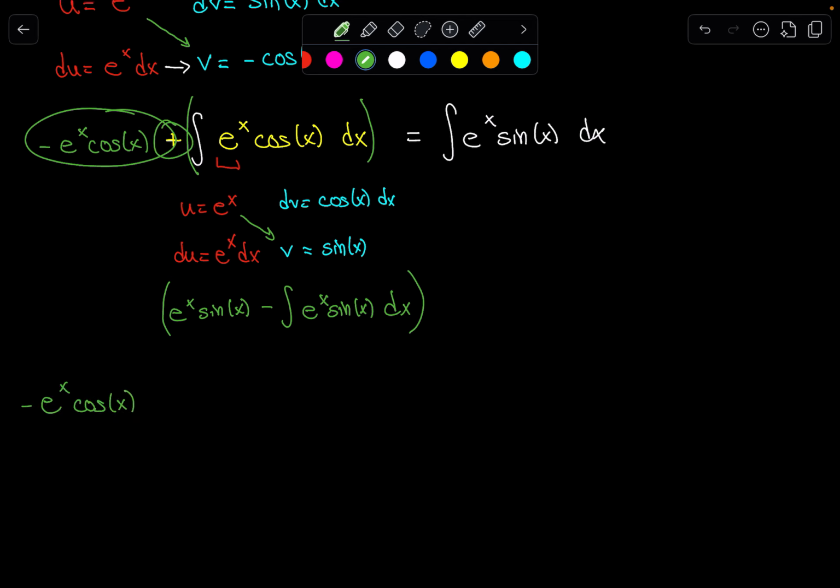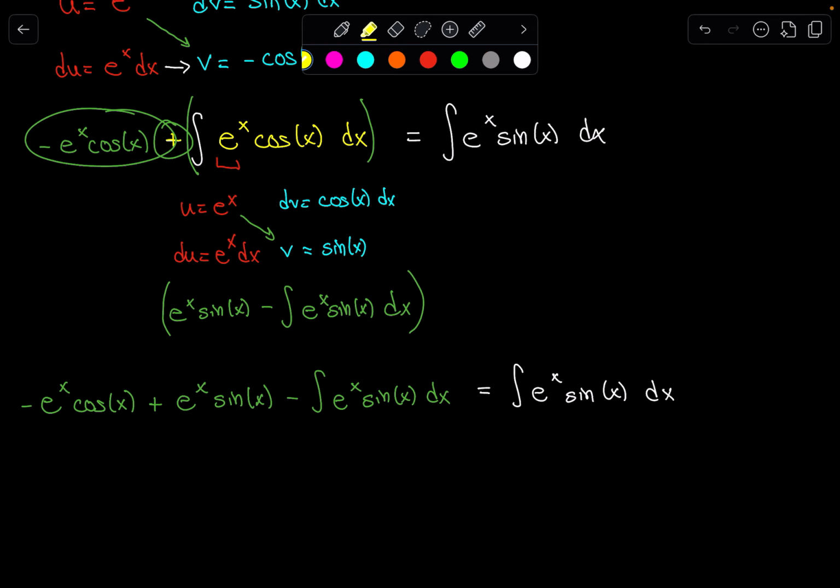And then we have plus all the stuff that's inside this parentheses. So plus e to the x sine of x minus the integral of e to the x sine of x dx. And this is all supposed to equal my integral of e to the x sine of x dx.